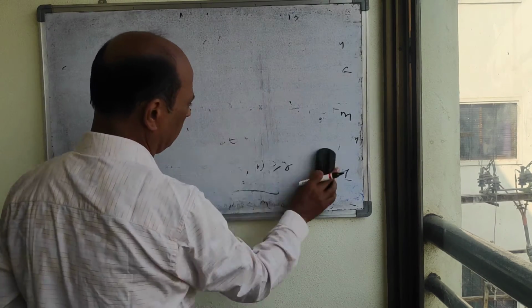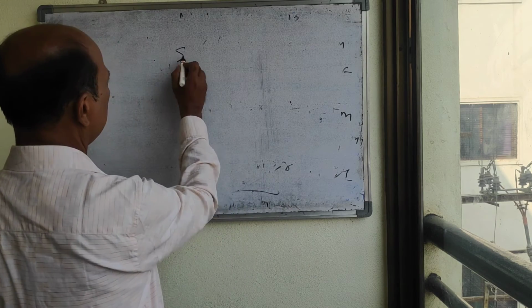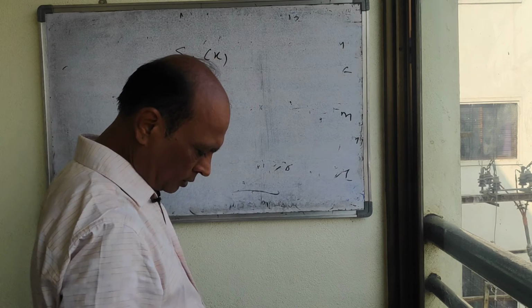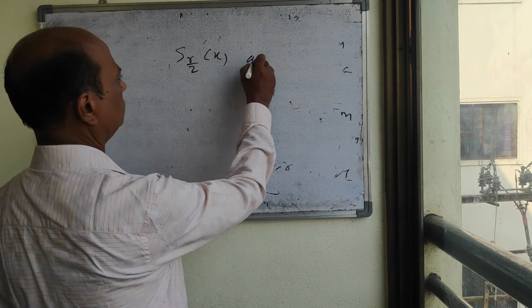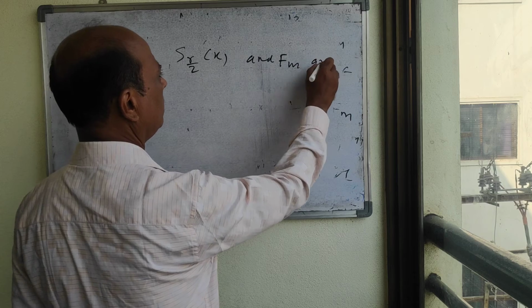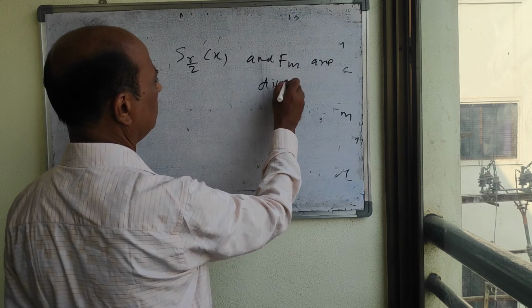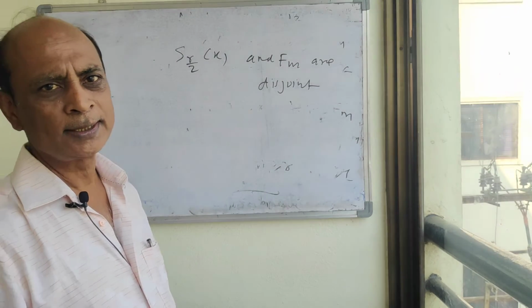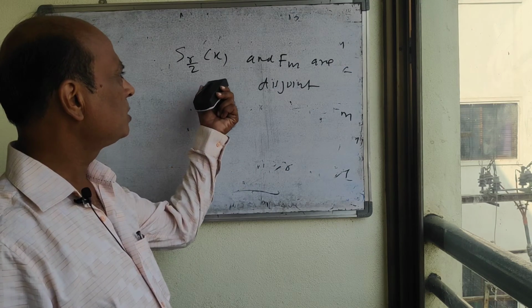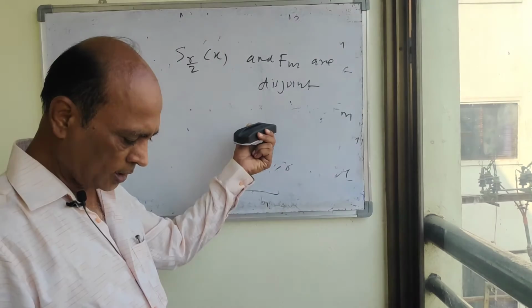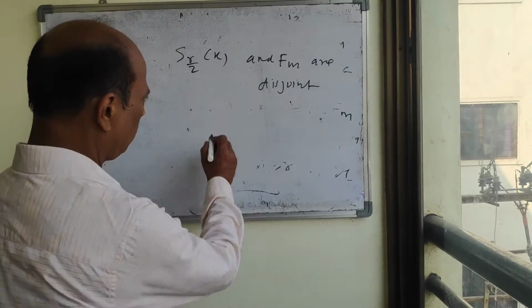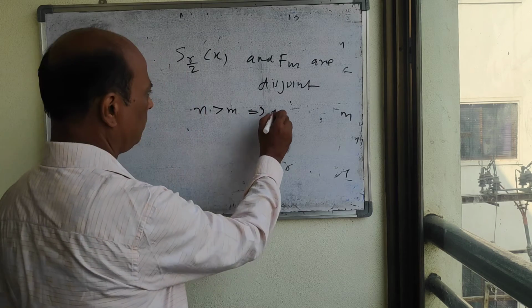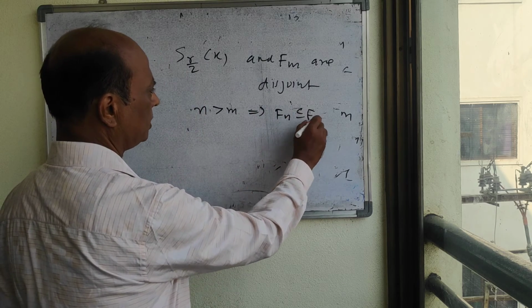Now thus the open sphere S r by 2 of x and Fm are disjoint, because of the definition of open sphere. So this S r by 2 of x and Fm are disjoint, and therefore, for n greater than m, which implies that Fn is a proper subset of Fm, which implies that xn belongs to Fm, because Fn is a subset of Fm.